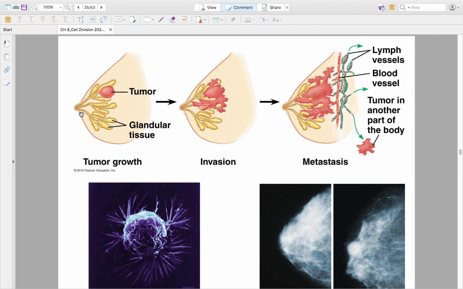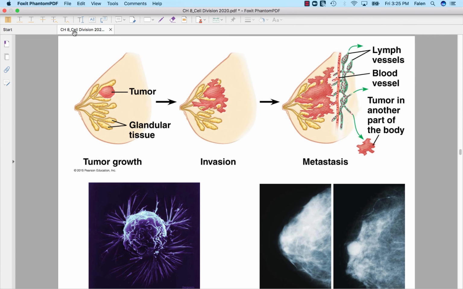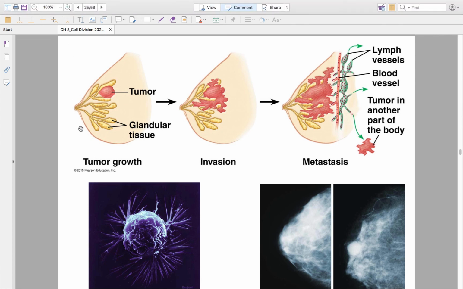Now, speaking of cancer, there's different types. Of course, we all know there's benign and malignant. Something that's benign is just not going to invade other tissue. It'll stay as a tumor. Now if it starts to invade tissue, like these glands here, that's a problem. When it has fully metastasized, it gets into your blood vessels and the lymphatic system.